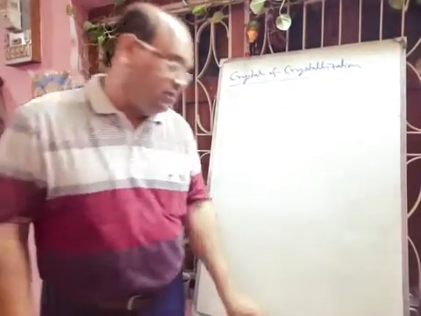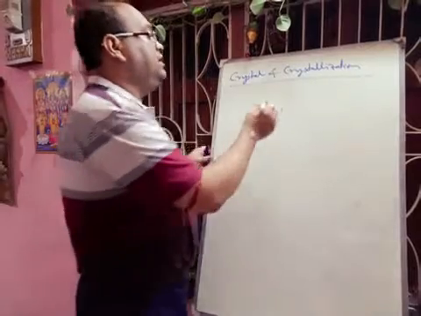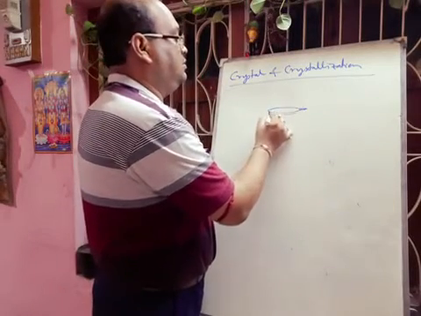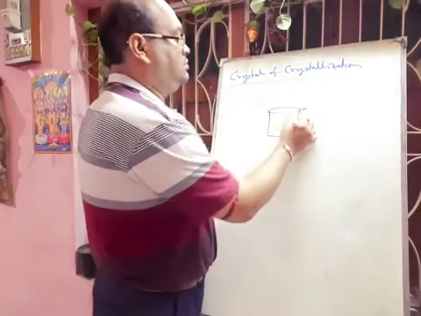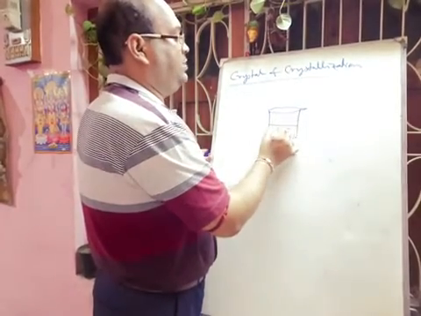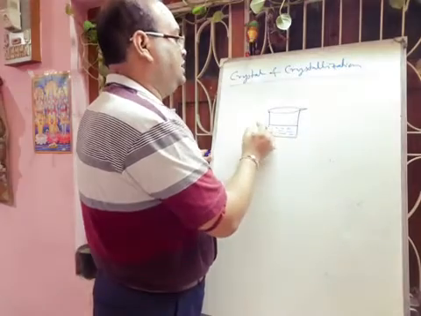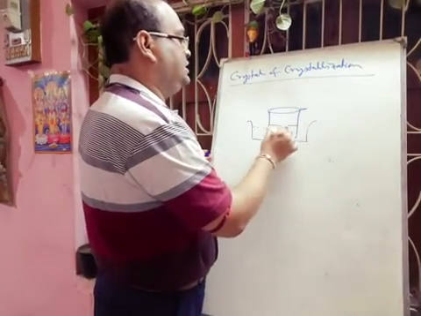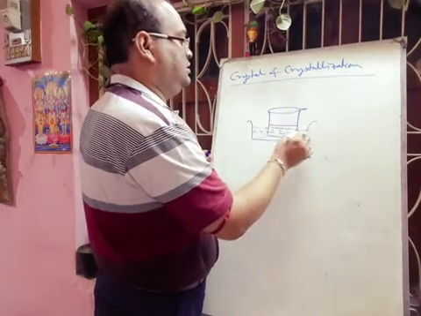So what we are doing, we are taking that saturated solution in a beaker, and here the temperature is almost 60 degrees centigrade, and here we have taken one trough, here also the temperature is 60 degrees centigrade.